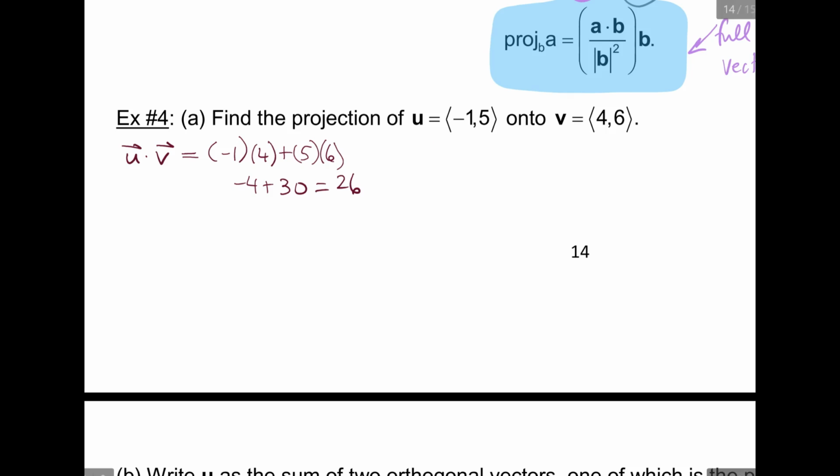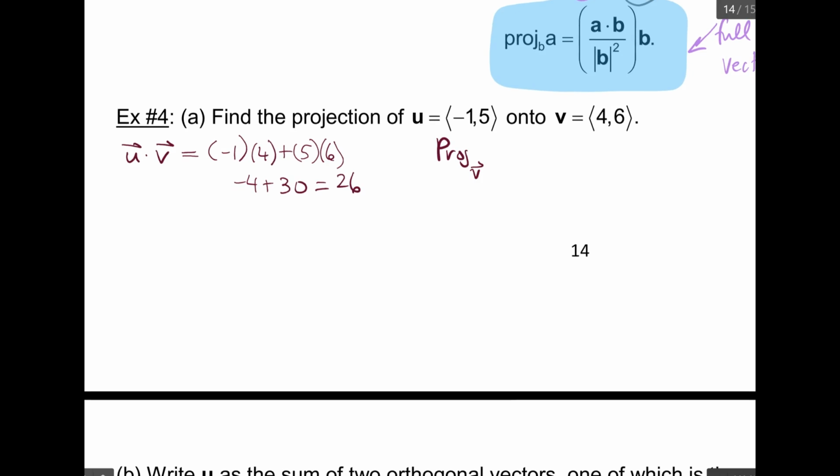Because really what we're going to be doing here is we want the projection of u onto v. So I'm going onto v. I'm going to do the dot product of v and u all over the magnitude of v squared times the vector v. Whatever you're trying to project onto is going to be the b here in our question.